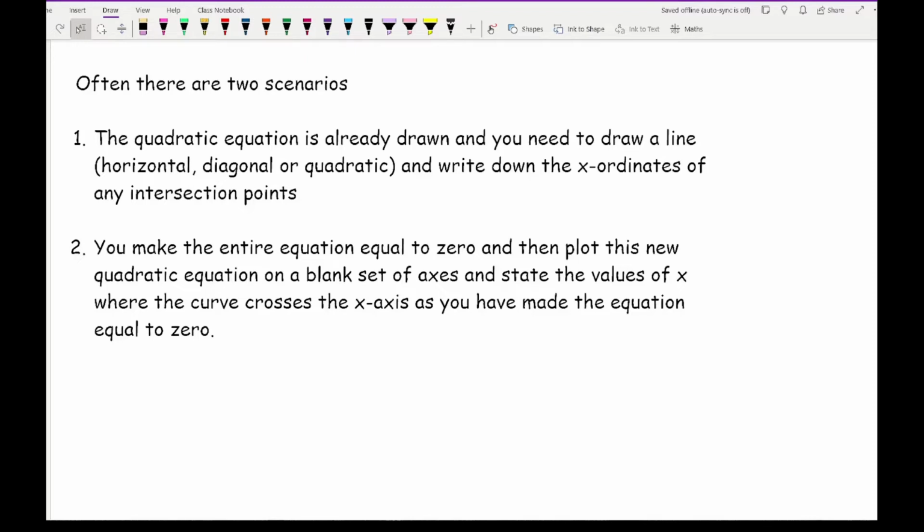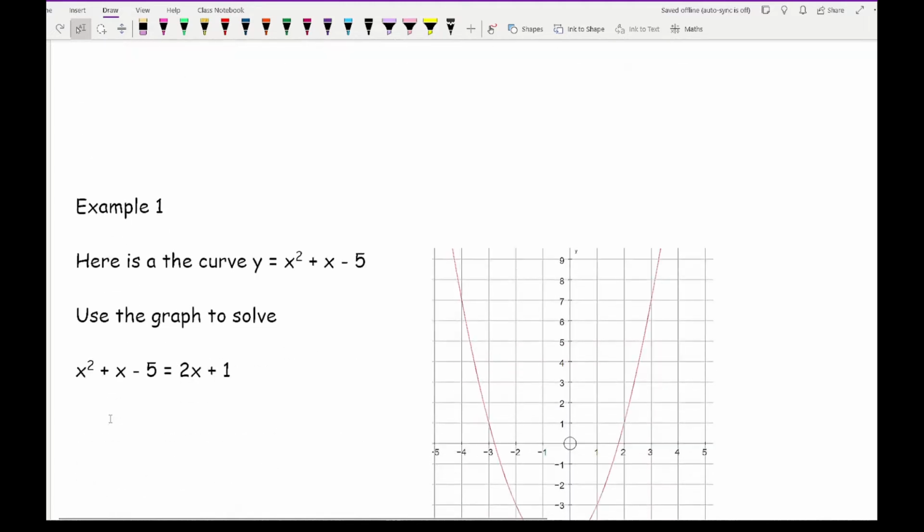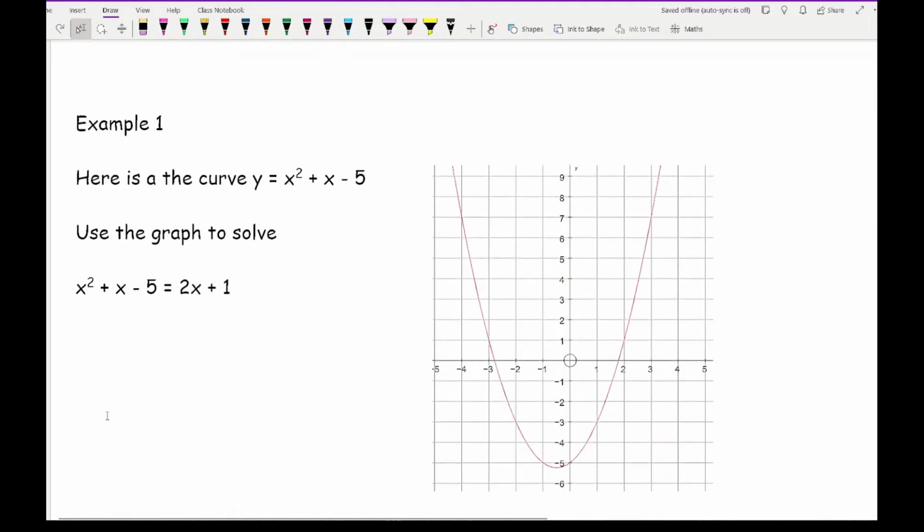Or you need to make the entire equation equal to 0 and then plot the new equation on a blank set of axes and state the values of x where the curve crosses the x-axis, as you've made the equation equal to 0. Now these are two different situations. I would say in an exam you'll only ever get one or the other. You will definitely not get both, as it's too repetitive in terms of expected knowledge. So let's move on to an example where this is going to be the case.